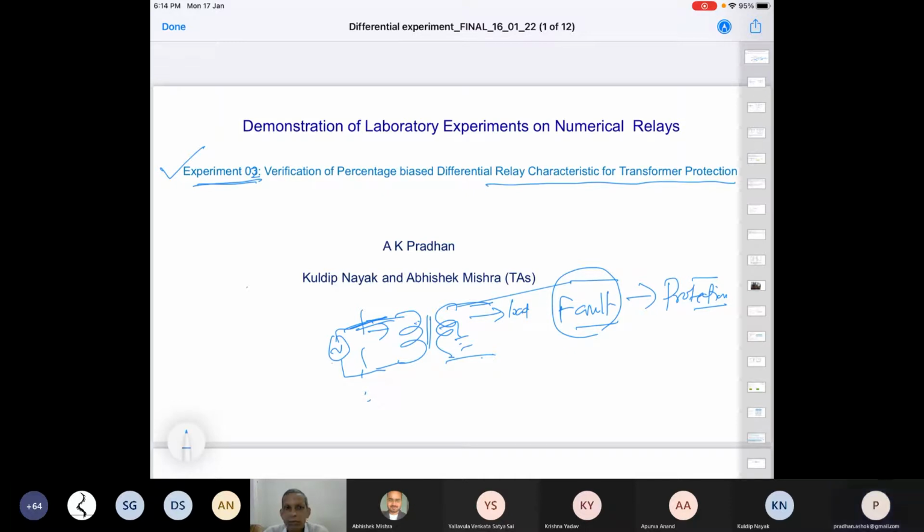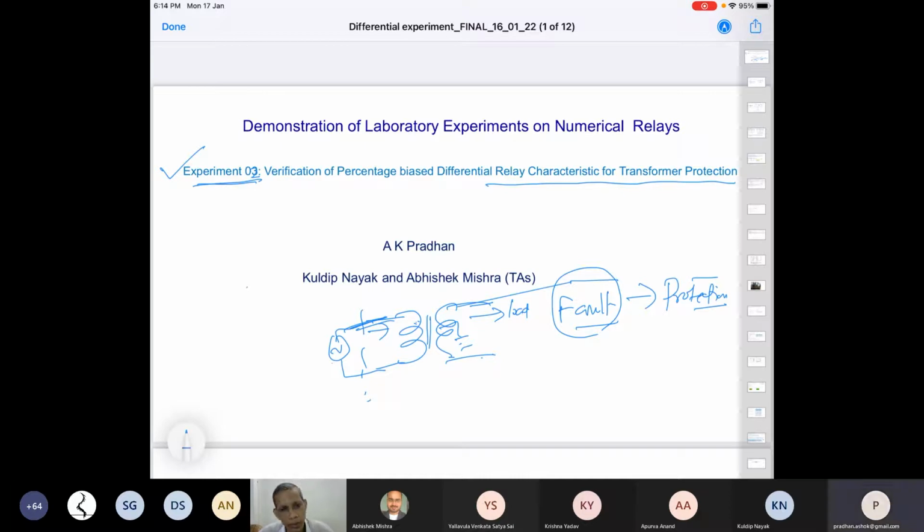That is the fault path. With time, if there is further degradation, it will lead to a large amount of current and thermal heating, and it may damage the inside. This damage may then spread to other phases, other windings, one winding to the other winding, and other phases also.